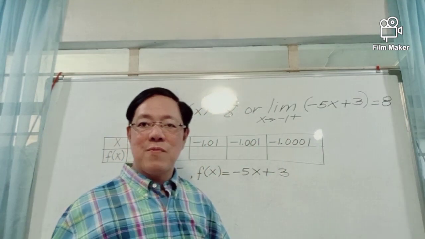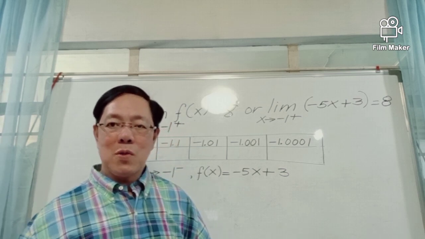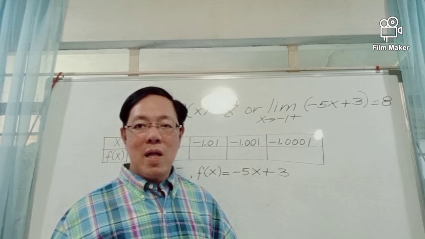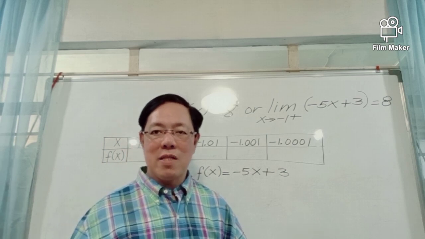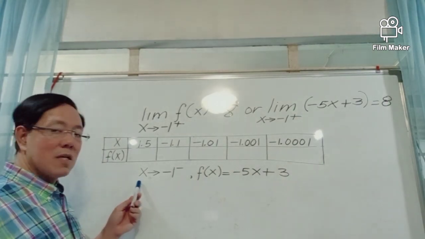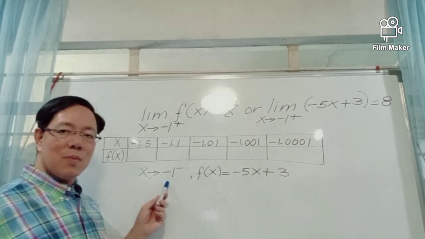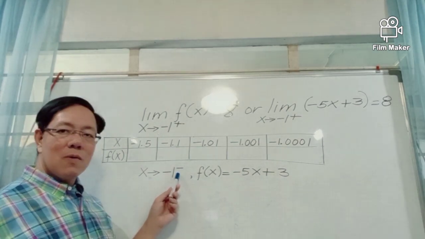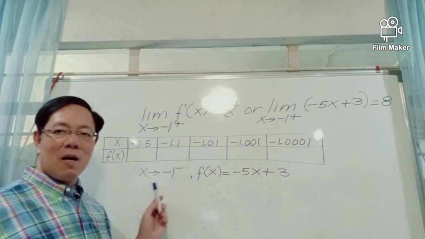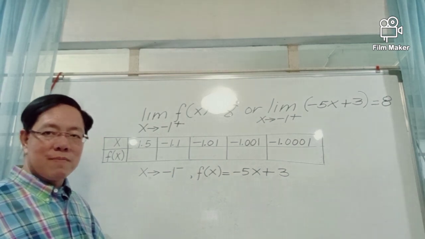In this first part of the investigation, we take values of x that are approaching negative 1 through values that are to the right of negative 1. In the second part of our investigation, we assign values to x that are approaching negative 1 from the left, which means that the values of x are all to the left of negative 1.